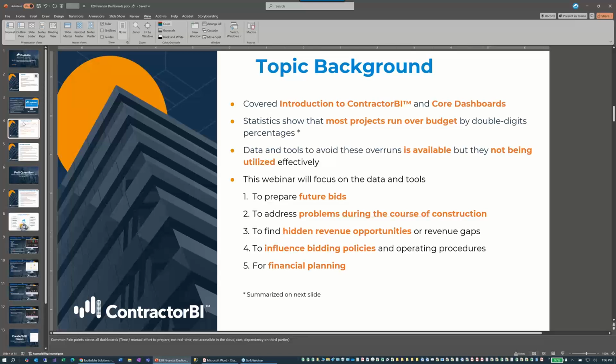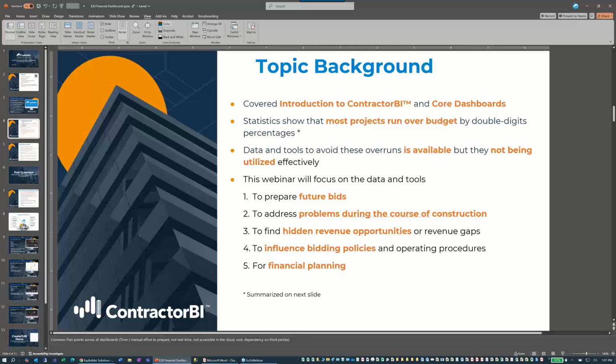Okay, so in this webinar, we're going to focus on addressing these issues with tools to help you prepare future bids, to use historical data, job cost accounting data, cost all the way down to the cost code level, and we're going to help you use that information to prepare future bids, similar job types, similar customers, job sizes, all kinds of different parameters.